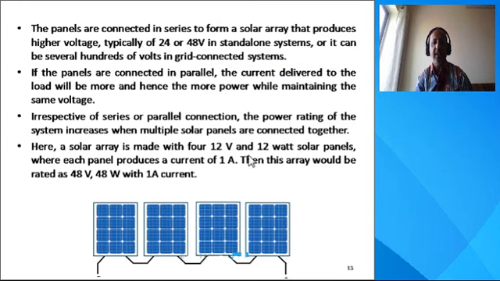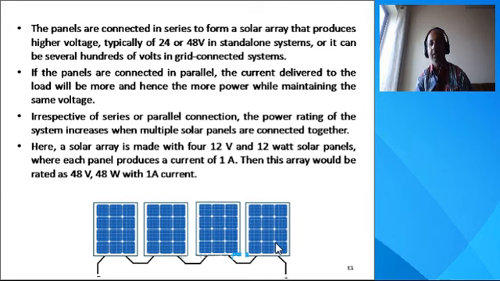Suppose we are having 12 volt and 12 watt solar panels supplying 1 ampere of current, and we want to have 48 volt 48 watt 1 ampere current through these panels, then these panels can be connected in series like this. All the 4 panels are connected in series, so the current will be the same and the voltage will be additive. So the overall voltage will be 48 volt and the overall power will be 48 watt.